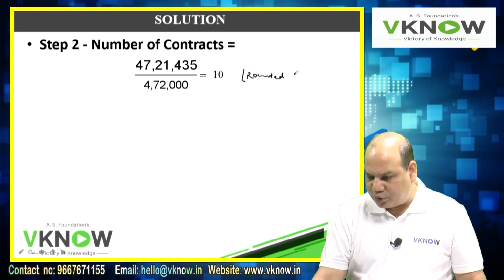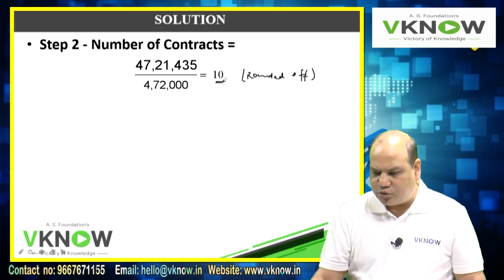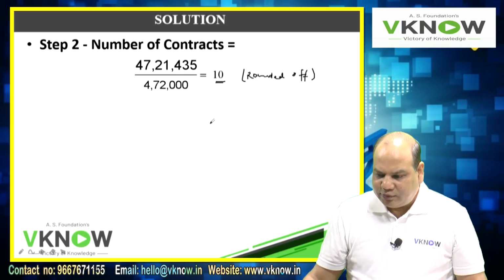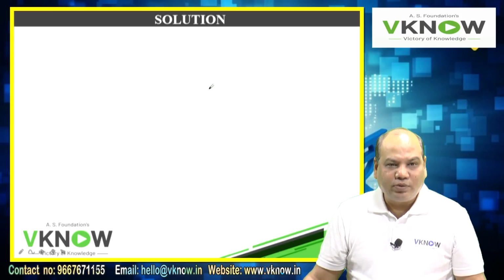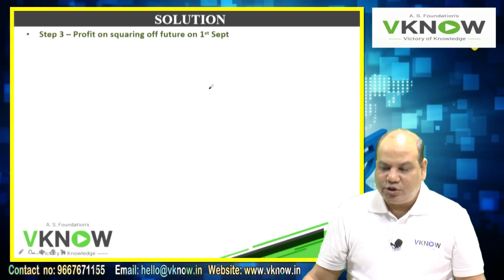You are getting 10 point something, but contracts can be in whole numbers only. So that will be required for calculating gain or loss. That will be required for calculating the initial margin, interest, cost also.